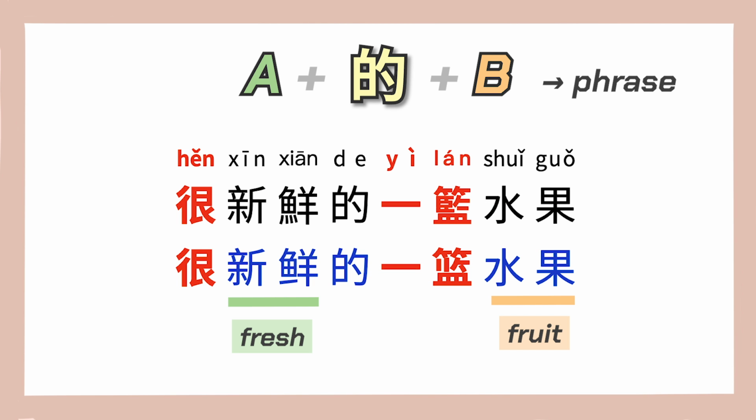For example, we can say 很新鲜的一篮水果. We can add 很, very, before the adjective 新鲜 and 一篮, a basket, before the noun 水果 and say 很新鲜的一篮水果 to express a basket of fresh fruit.